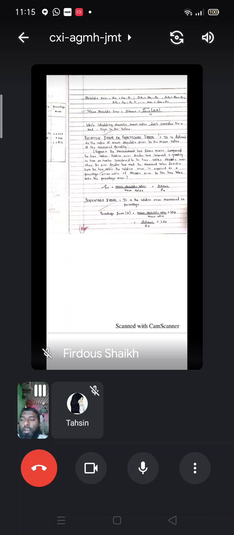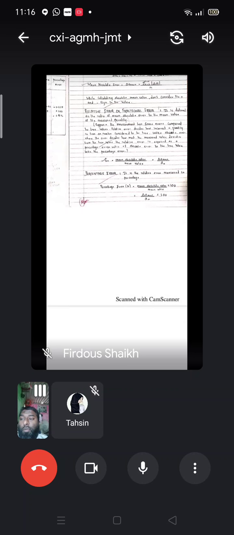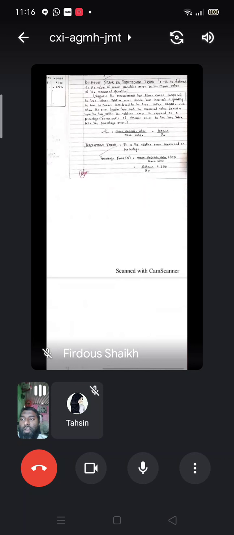The ratio of absolute error to the true value tells the percentage error. First of all, the relative error is delta a mean divided by a_m. Then the percentage error is the relative error measured in percentage. Percentage error is the mean absolute error divided by the mean value, multiplied by 100. That is your percentage error.